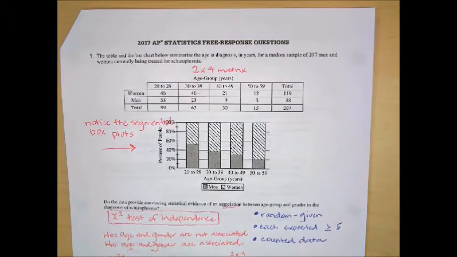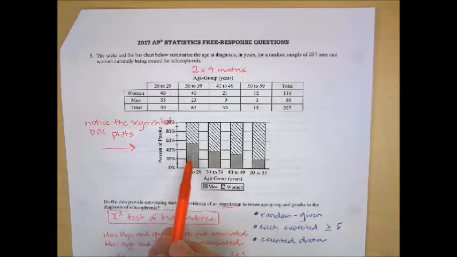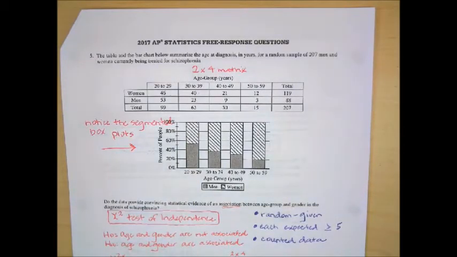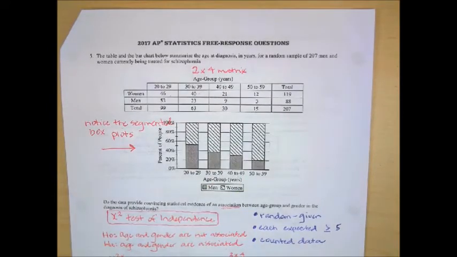They even gave you the segmented bar graphs, broken down according to age. Men is the dark, and women is the diagonally striped. Now, as I'm looking at this, remember, make a picture, make a picture, make a picture, because pictures tell you a lot. I'm already seeing a trend in this data.